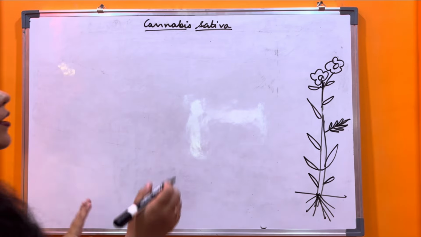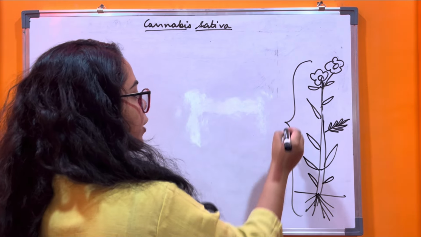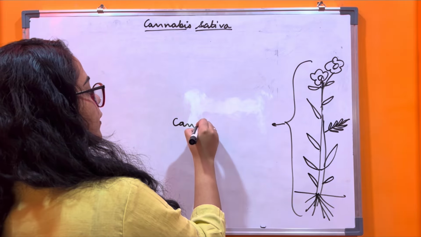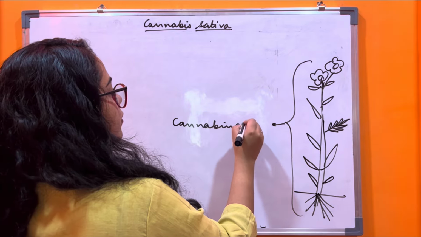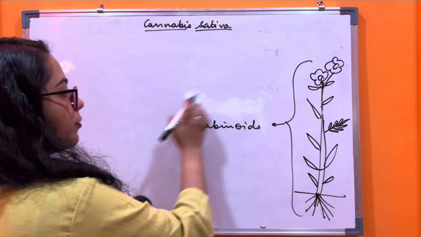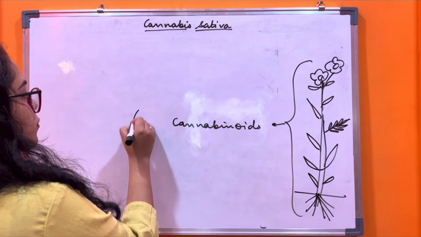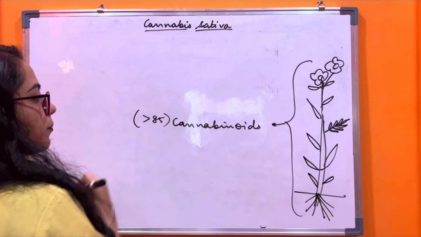From this plant, a various set of chemicals called cannabinoids can be extracted. The cannabinoids belong to a group of chemicals in which there are more than 85 compounds.